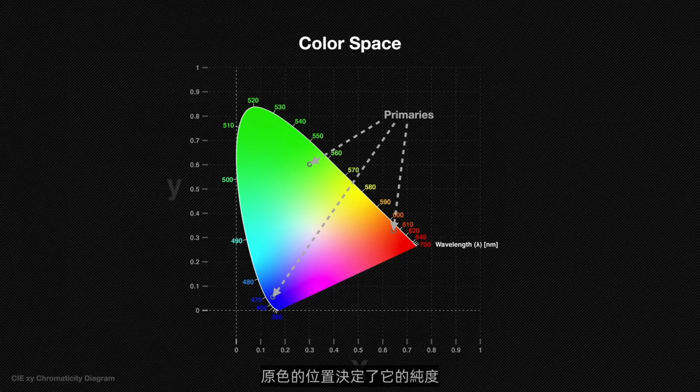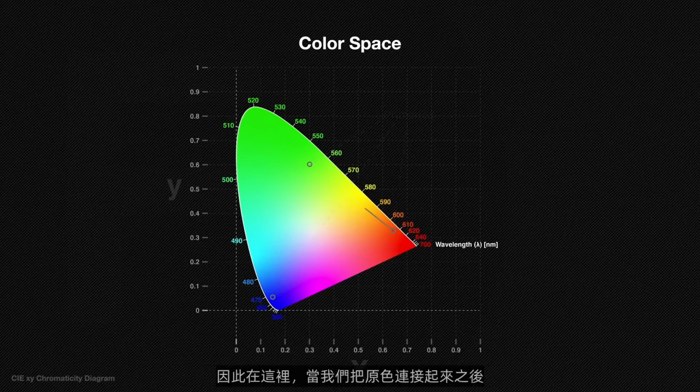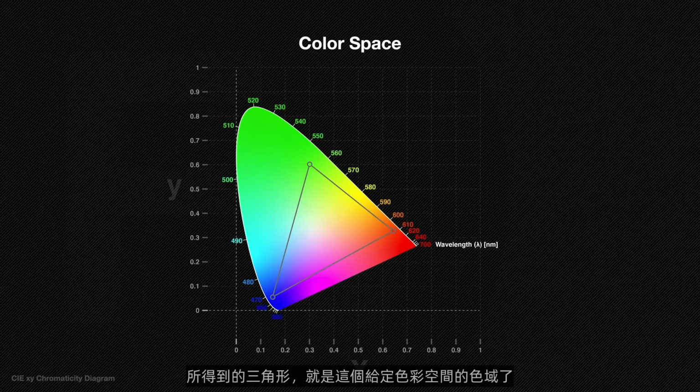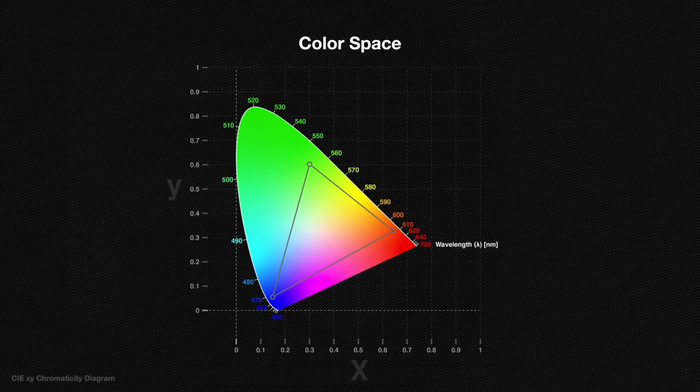The position of each primary defines its purity. I don't need to tell you that the closer to the edge, the purer the sample, and so the better. And the wider and more distant they are, the more colors it will contain. So in here, when we connect the primaries, the resulting triangle is the color gamut for this given color space.